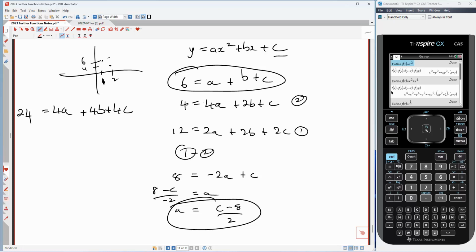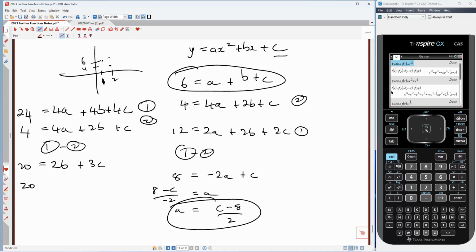And I'll rewrite this equation as 4 equals 4a plus 2b plus c. So 1 and 2, I'm going to do 1 take away 2. That's going to be 20 equals, 4a eliminated, 2b, 4c take c is 3c.